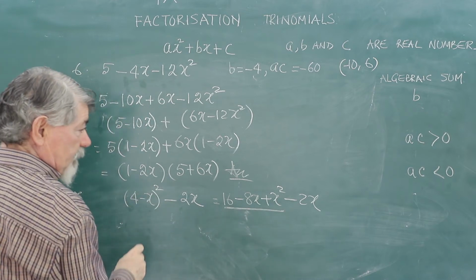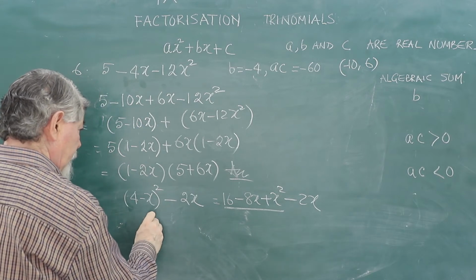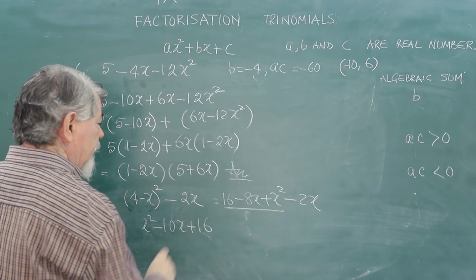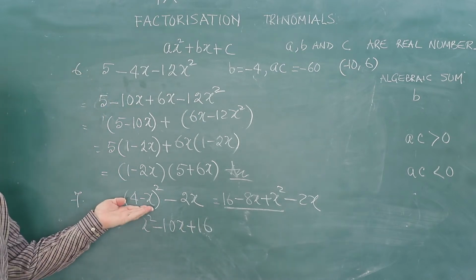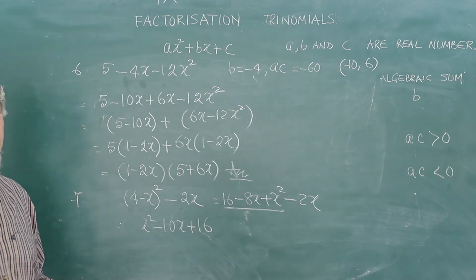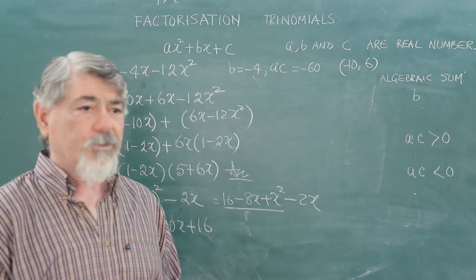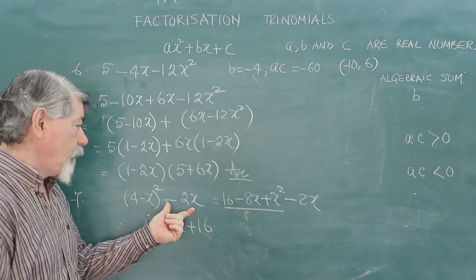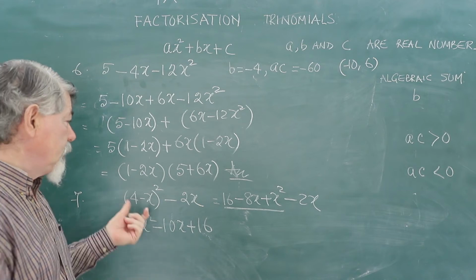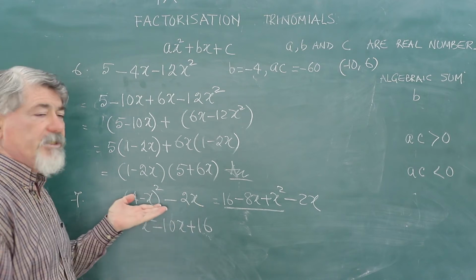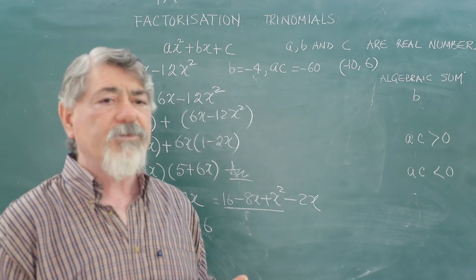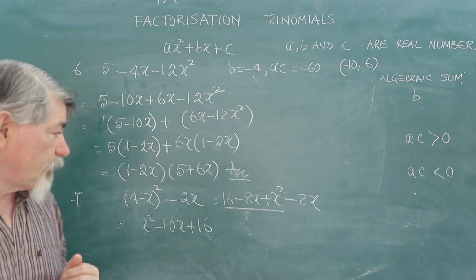So I get x square minus 10x plus 16. Now it is clearly a trinomial. It was not appearing to be one, but by opening up the bracket you are able to see through the game. Sometimes teachers like you to be confused, so the best way is to simplify it. Once you've simplified, you'll be able to see what you want to do.